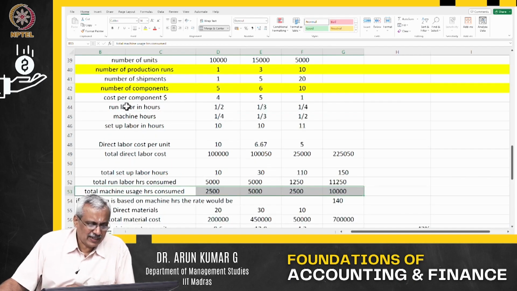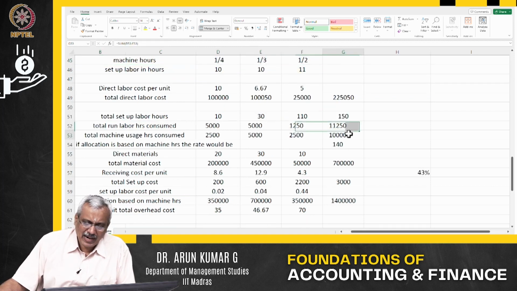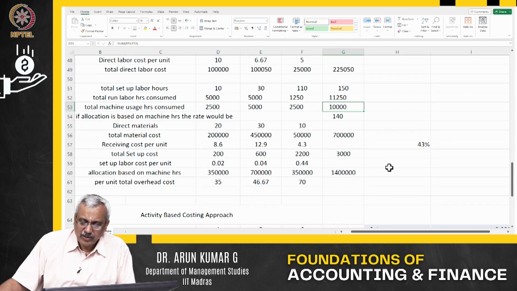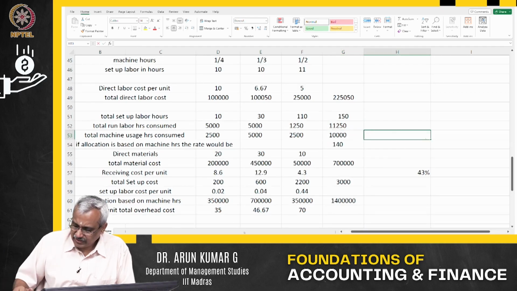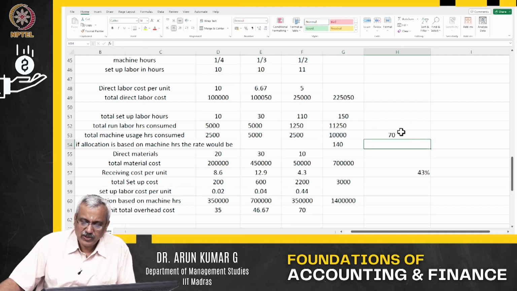So what is the machine rate per hour? Your total machine usage hours is 10,000 and your total machine cost is 700,000. That means the cost of the machine per hour is $70.